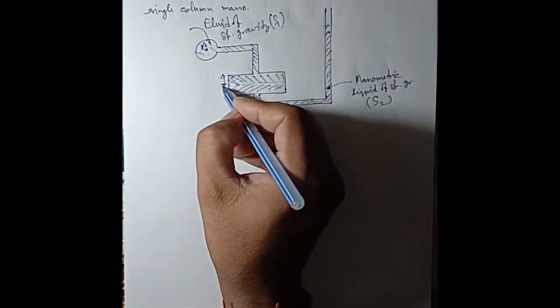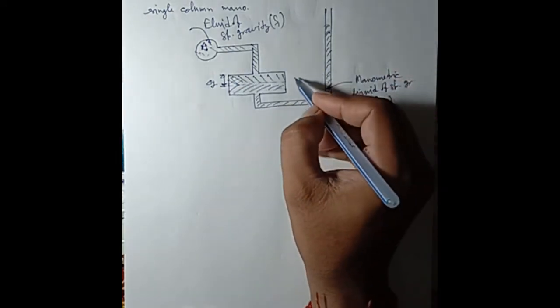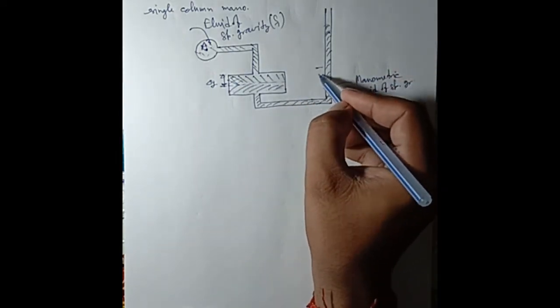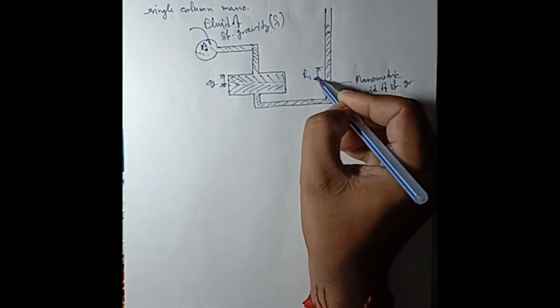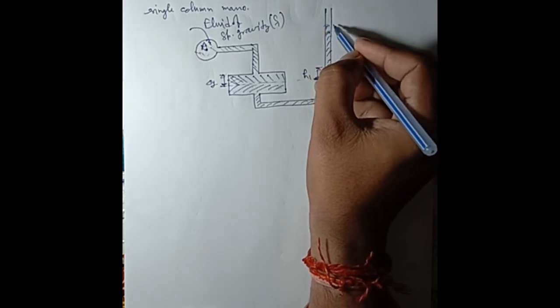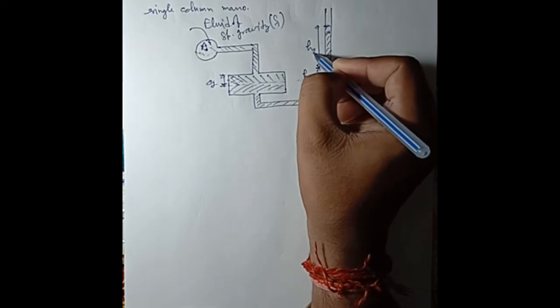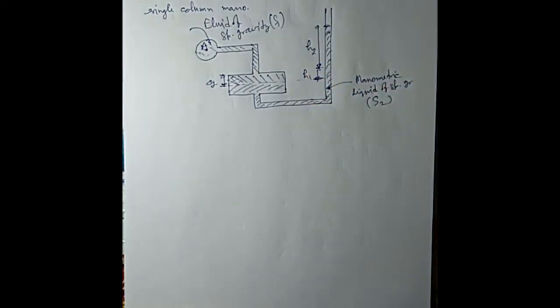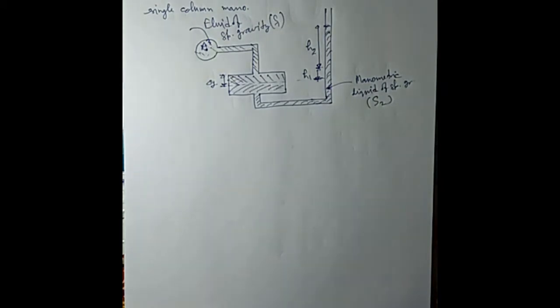This is delta Y. This height is H1 and this height is, let us say, H2.